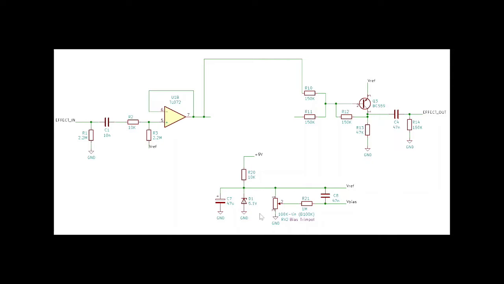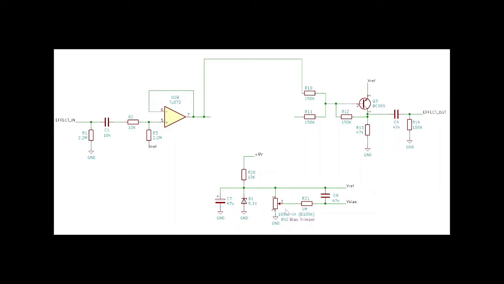Zener diode gives us a reference value at around 5 volts. And then for biasing, because JFETs vary wildly in their specification, we have this trim pot here to try to get that bias point to the right voltage. Original has a 250K trim pot. I have 100K, I don't have 250.